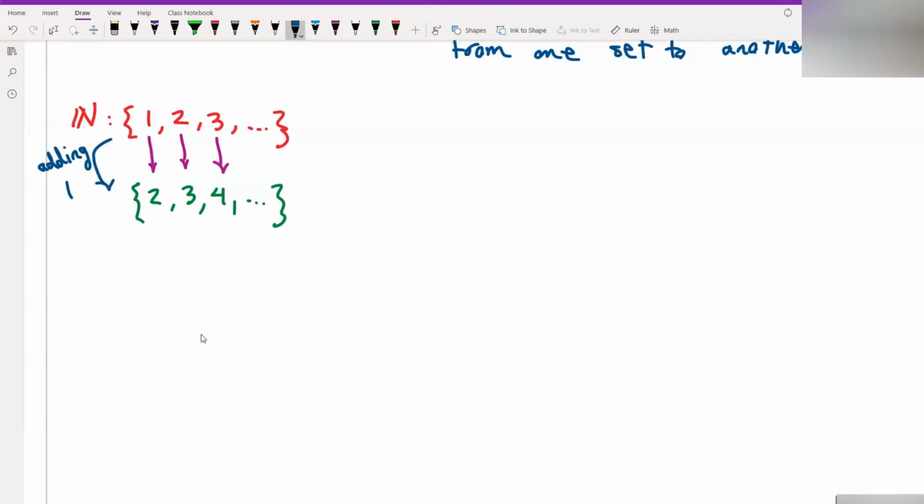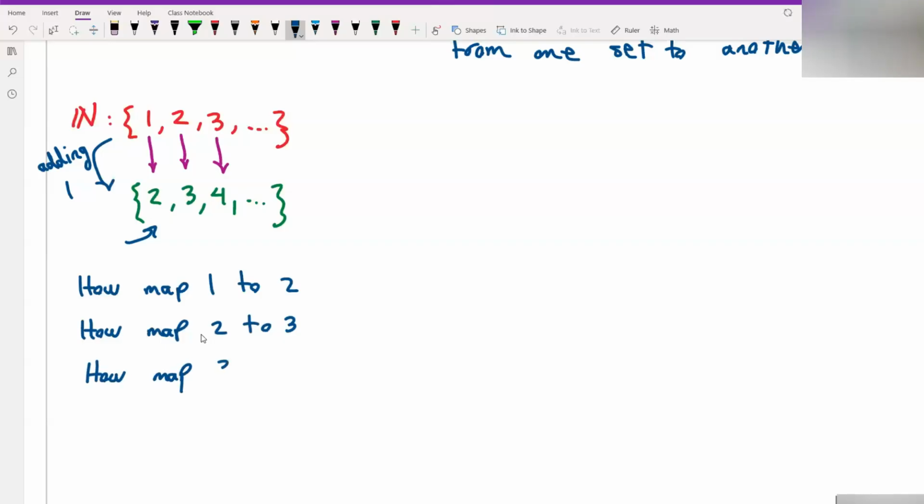By adding 1, we are able to find this set. I'm going to write what we have to ask: how to map 1 to 2, 2 to 3, and finally 3 to 4.